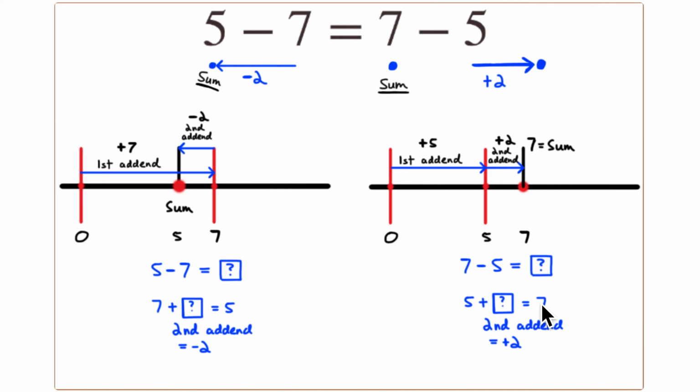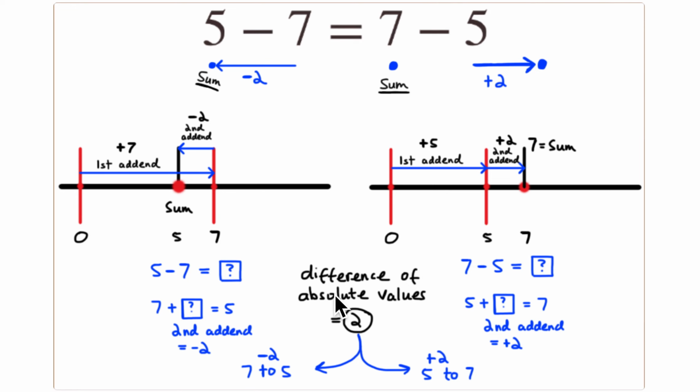The sum in this case is 7, this number right here. So the first addend, 5 plus what number equals 7. The second addend is a positive 2. So in this case right here, 7 plus what number equals this 5? Because this is the sum, the second addend is a negative 2.